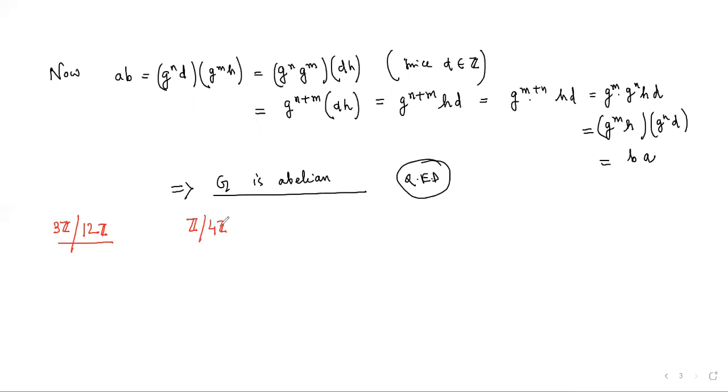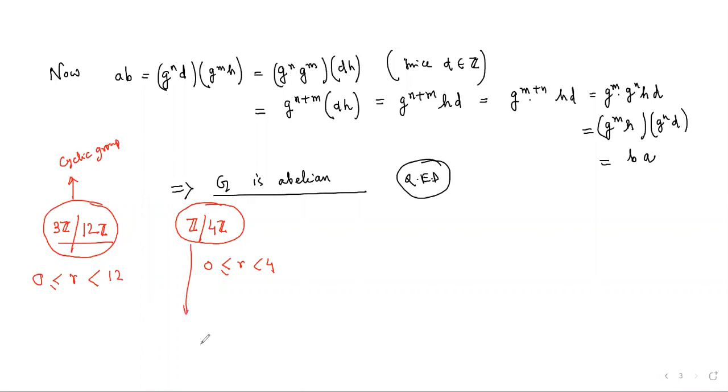You have done this sort of problem, and you have come across the fact that, depending upon the choice of n, this quotient group has finitely many elements. So after a certain point, the elements of the group are repeating themselves. So this group is a cyclic group.